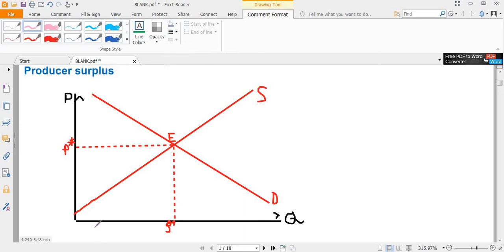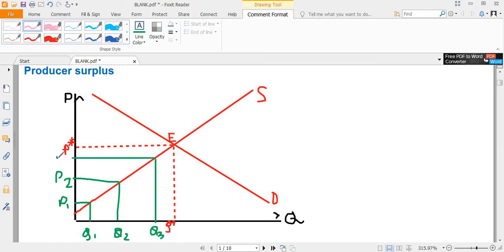Now for a supplier, if the supplier is willing to supply Q1, he would be expecting to receive price P1. If he were to supply quantity Q2, he would be expecting a price P2. Similarly, if he were to supply a quantity Q3, he would be expecting a price P3.